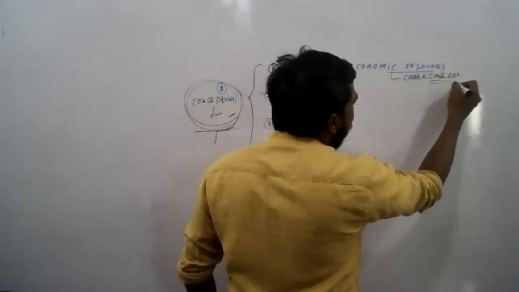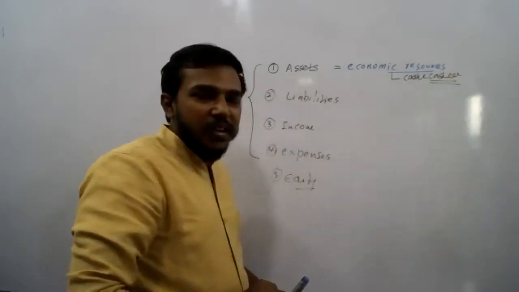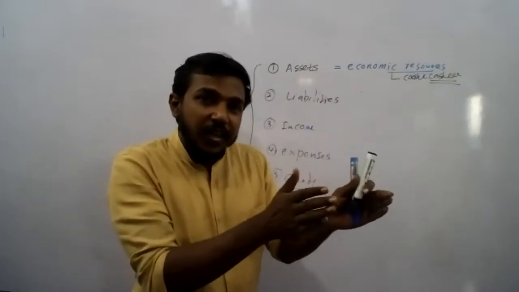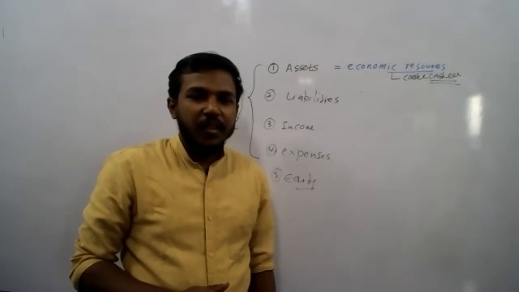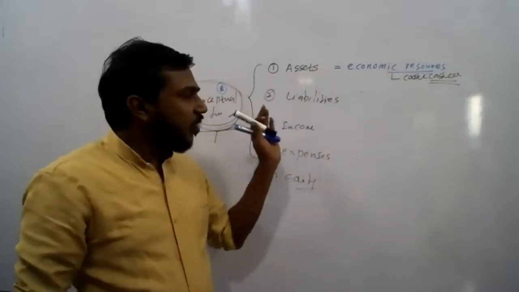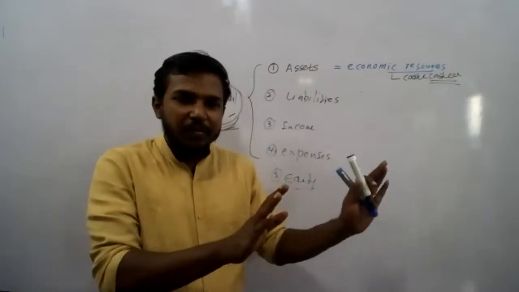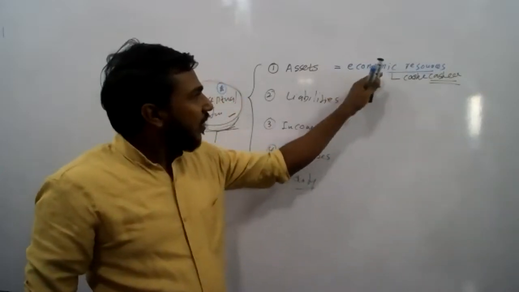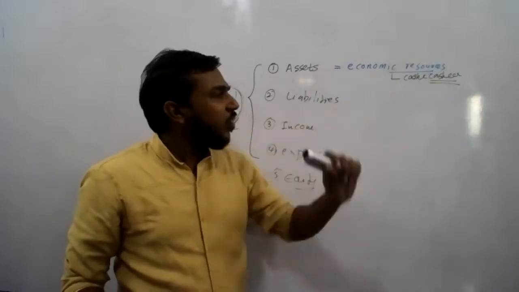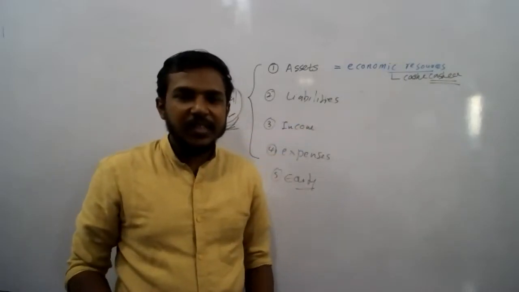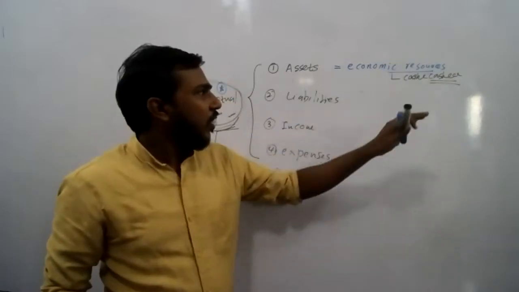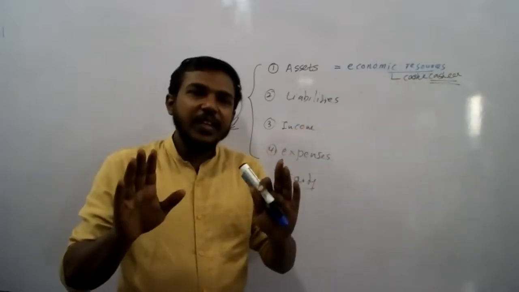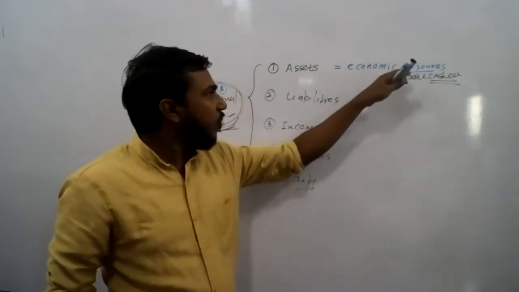There is a technical definition for economic resources from the accounting perspective too, but we will discuss that in the conceptual framework. Assets are the economic resources, which can generate cash and cash equivalents.